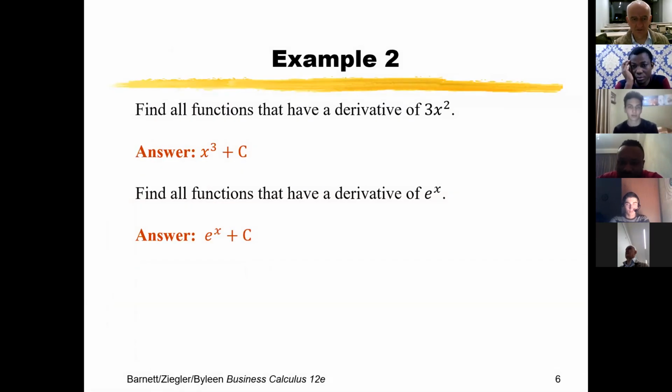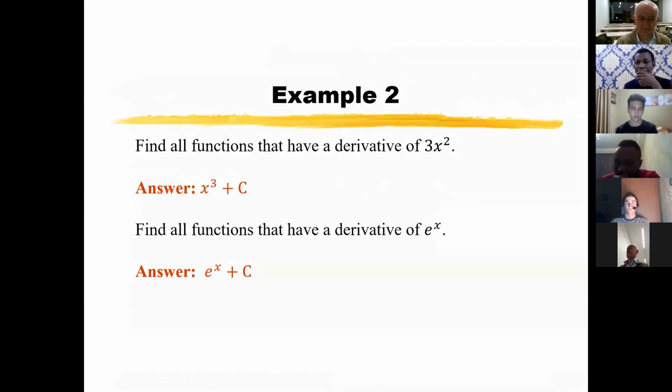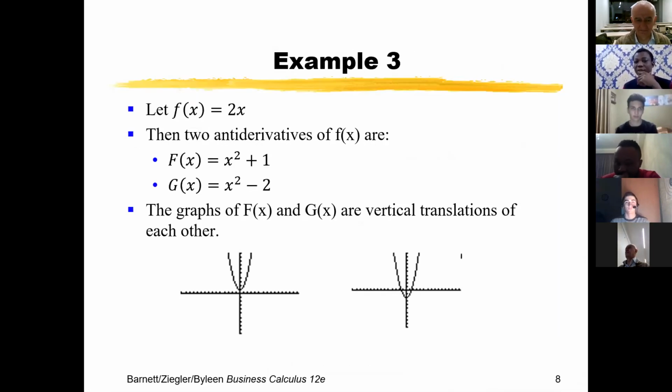We can check it. Find the derivative of this function, x cubed plus c. The derivative of c is 0 because it's a constant. You know very well the derivative of x cubed is 3 times x squared.